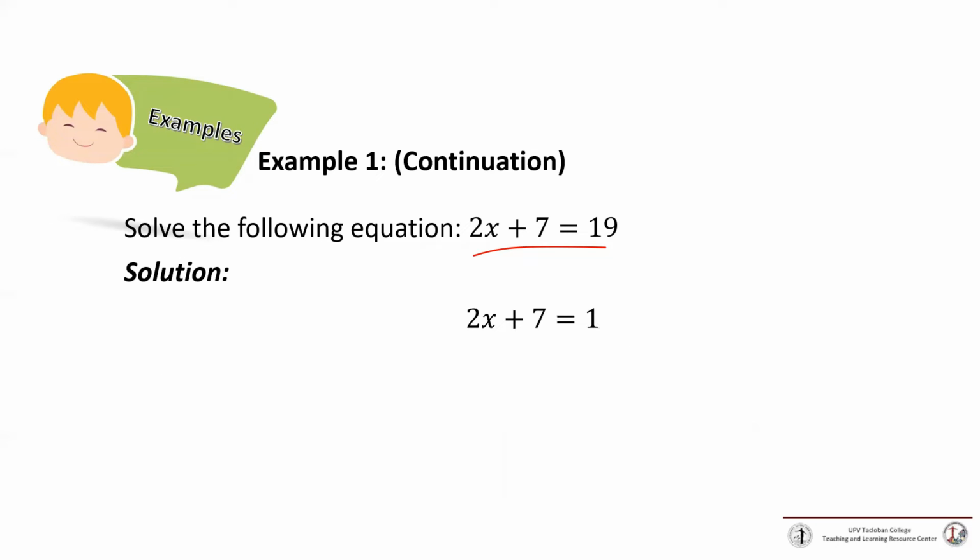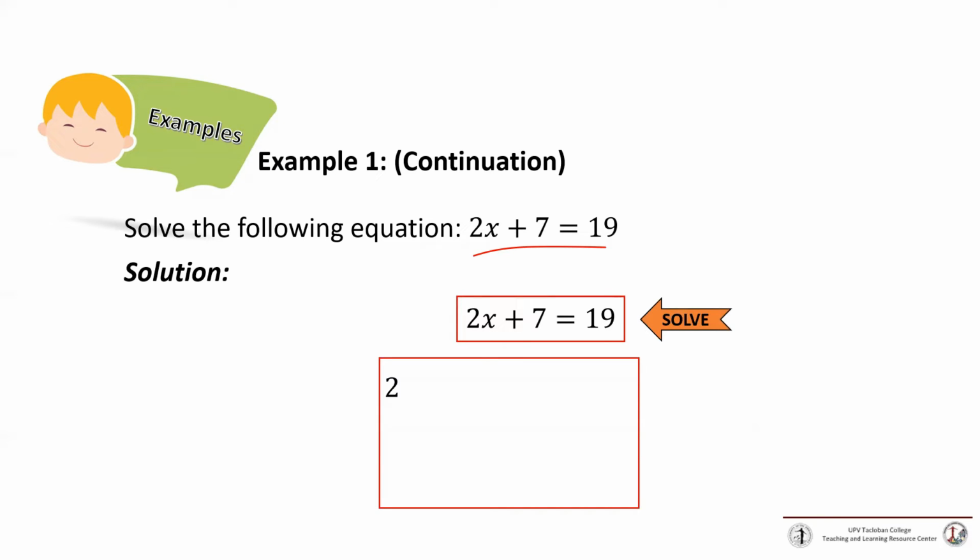Again, 2x plus 7 is equal to 19. Then, as a continuation, we have 2x plus 7 minus 7 is equal to 19 minus 7. That is actually one property of solving algebraic equations, the property that says subtract.